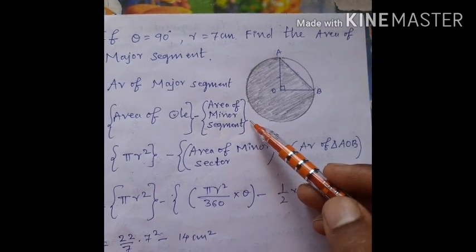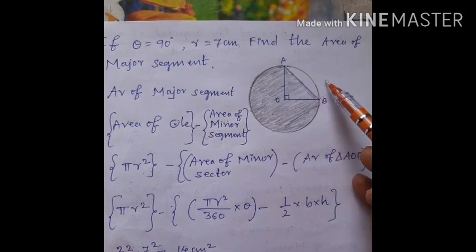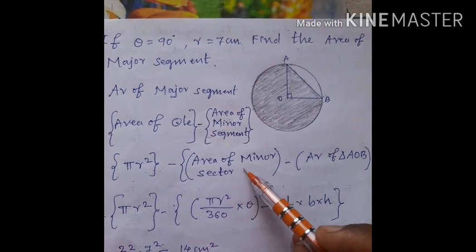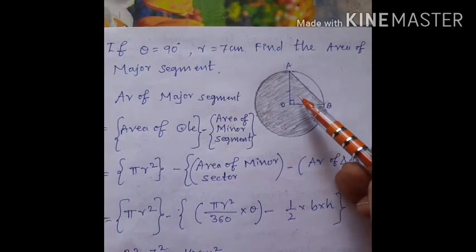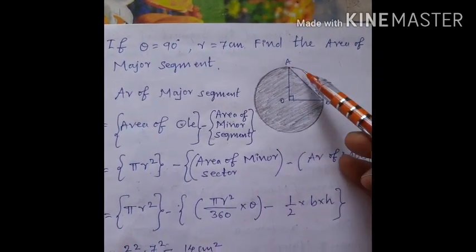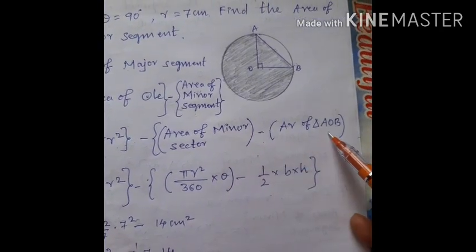But just now we have learned how to find out the area of the minor segment. First you find out the area of the minor sector minus the area of the triangle, then you will get the area of the minor segment. So area of minor sector minus area of triangle AOB.